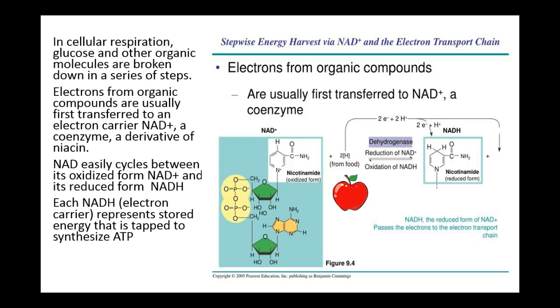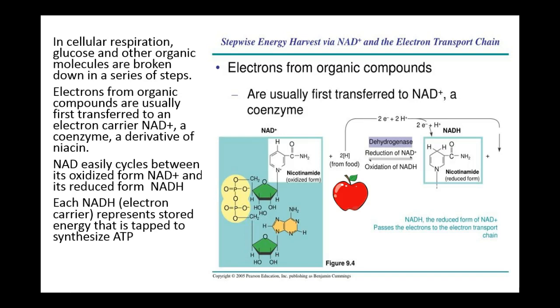In terms of NAD, then becoming reduced in its reduced form and having that hydrogen atom bonded to it, you have that stored energy trapped onto that electron carrier.